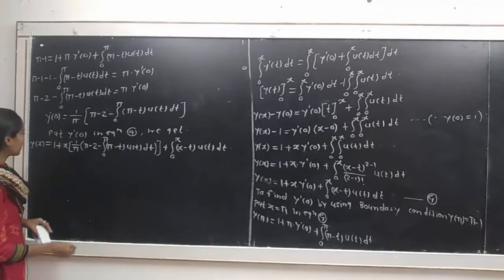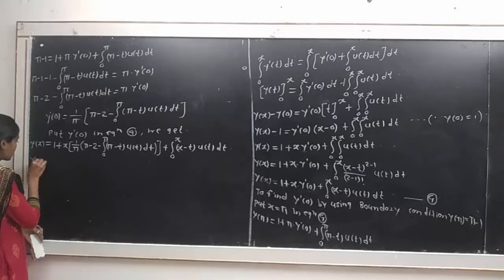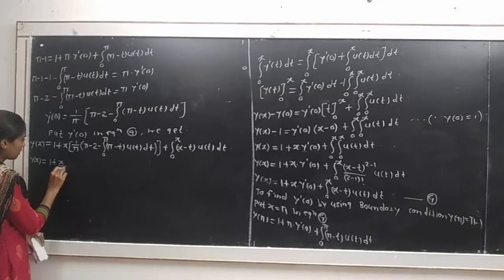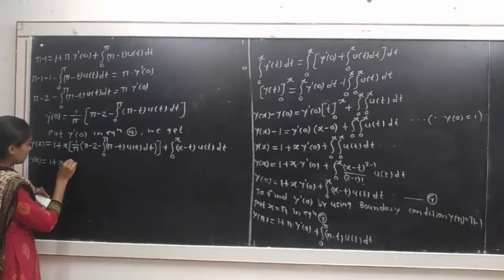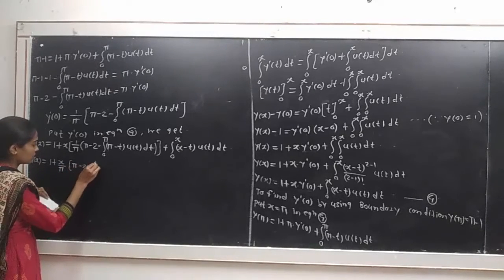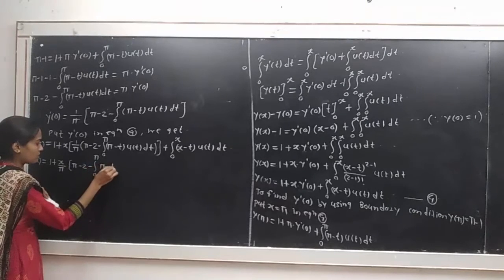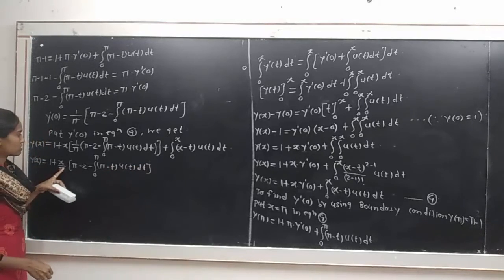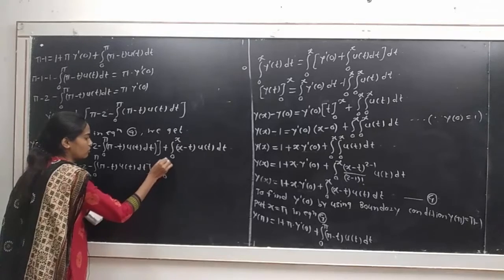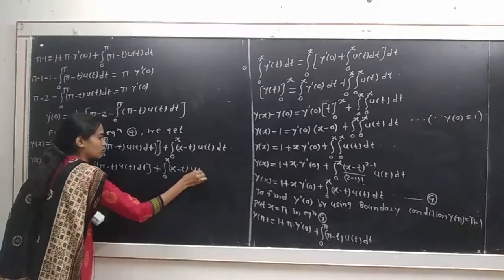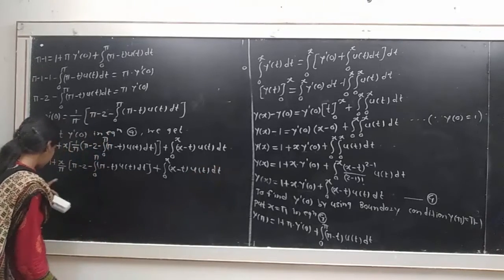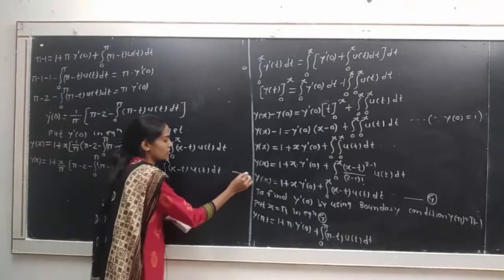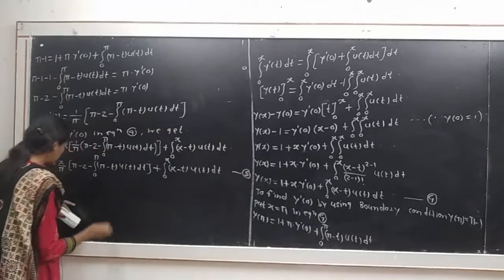Then we simplify this equation, that is we get y of x is equal to 1 plus x by pi in bracket, pi minus 2 minus integration from 0 to pi of (pi minus t) into u of t dt, x by pi plus integral from 0 to x of (x minus t) into u of t dt. Okay, we take it as equation number 5.